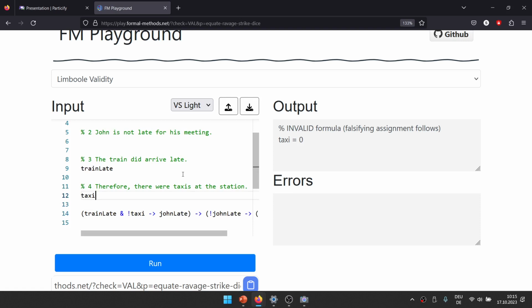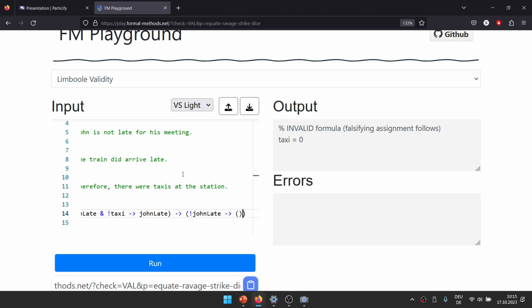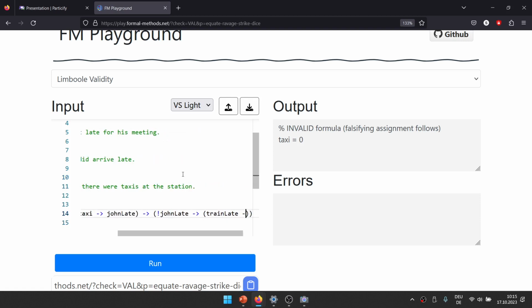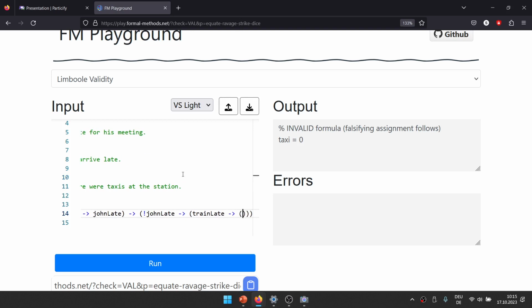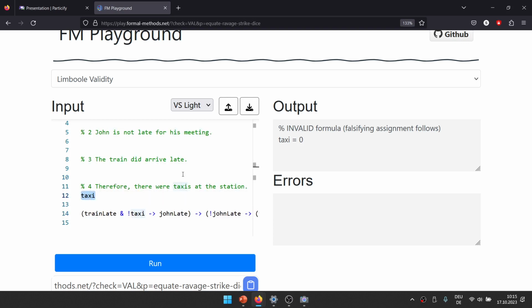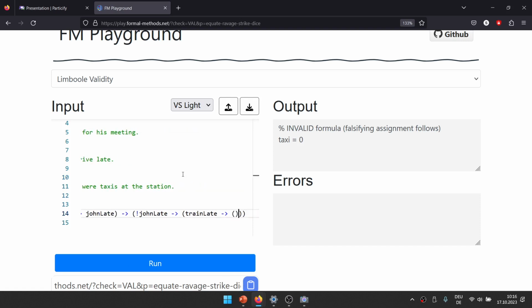And the second implies our next one, which then implies our final one. Taxi.